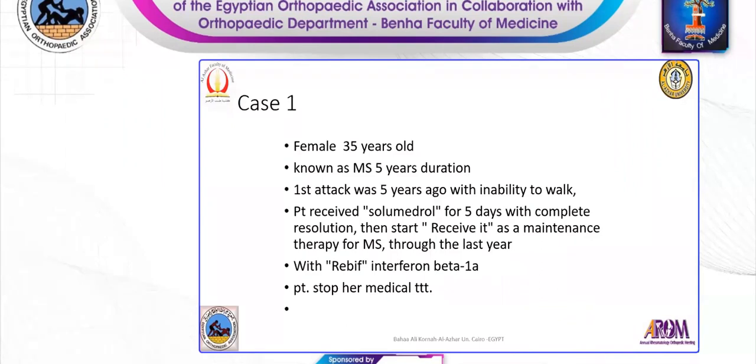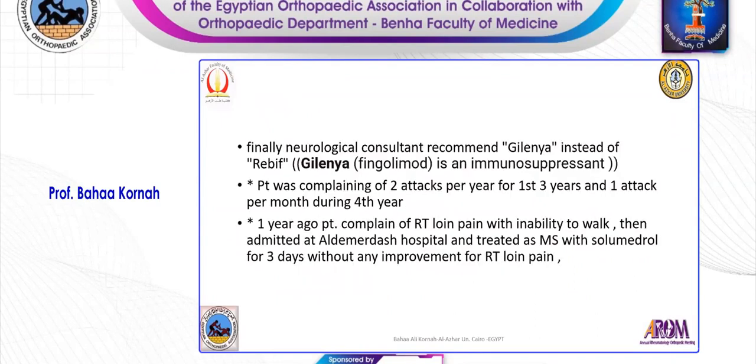This was the first case, a female patient, 35 years old, known as MS for 5 years. The first attack was 5 years ago, and she received methylprednisolone, which is a type of corticosteroid, then used interferon beta 1. The patient stopped her medical treatment.